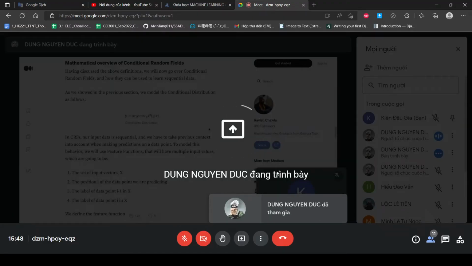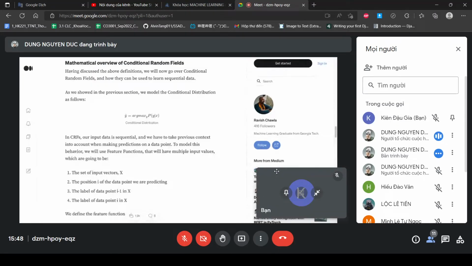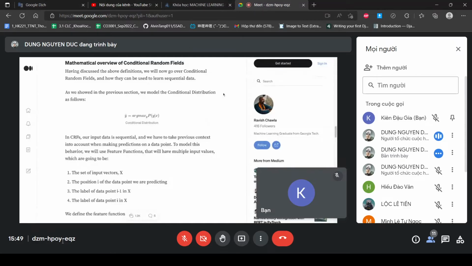Okay, so it is hard to find a good material for you on conditional random fields, because they were written in many formats and in many ways. If you are reading something like a Medium post, you can find some brief information about conditional random fields. Basically, a conditional random field tries to model the conditional distribution.